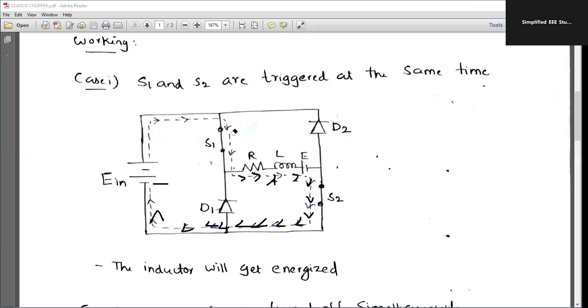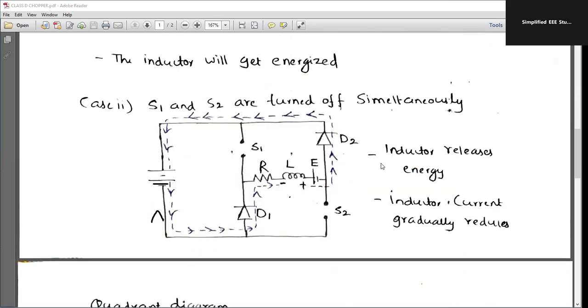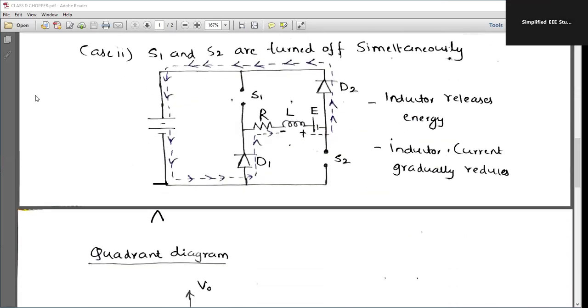At this time, you can see that one of the energy storage elements, the inductor, is getting charged. When it comes to the second case, that is, if the two switches are turned off simultaneously, please verify carefully. The inductor is already charged whenever S1 and S2 are turned on.